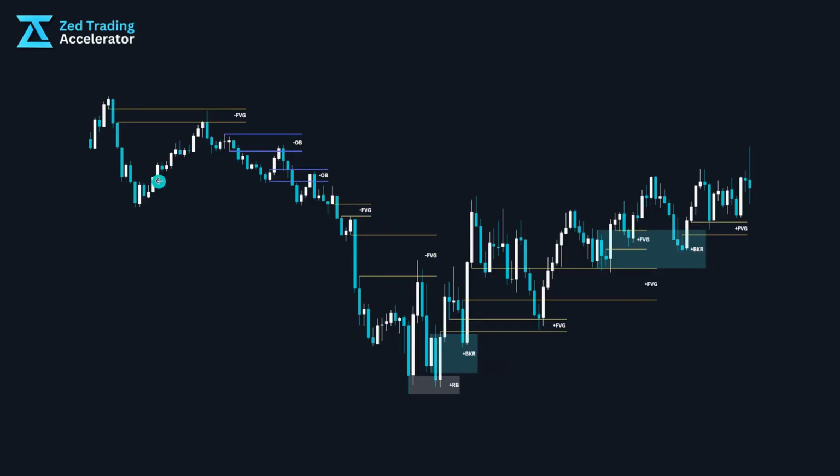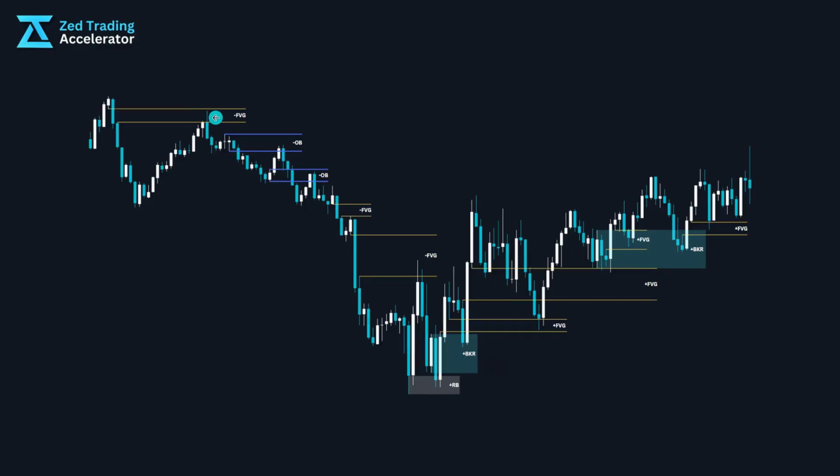As we can see right here, we have a fair value gap. Price went lower and then retraced higher, beautifully reacting to and filling that fair value gap. The low of the fair value gap finds very strong resistance, failing to close even inside this fair value gap.